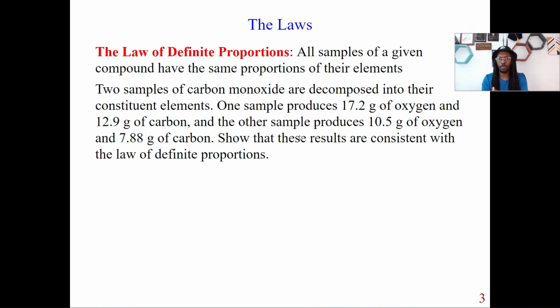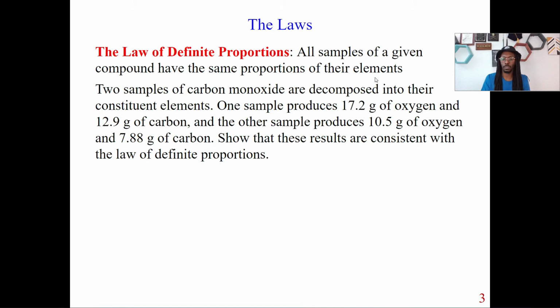The other sample is once again carbon monoxide, but it's going to decompose to give me 10.5 grams of oxygen and 7.8 grams of carbon. Let's show how this is related to the law of definite proportions, because once again, the law tells me that a compound is going to have the same proportions of its elements, no matter what.